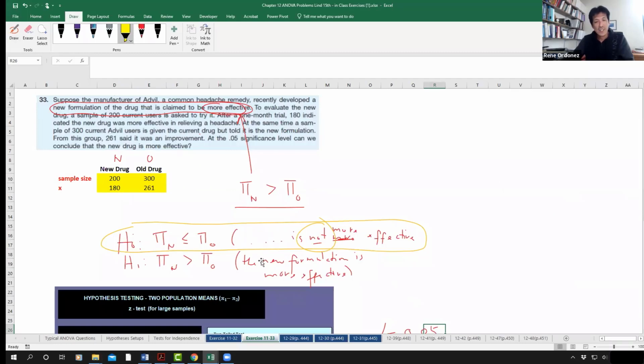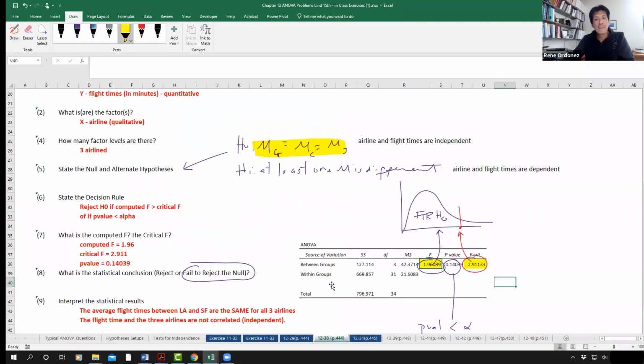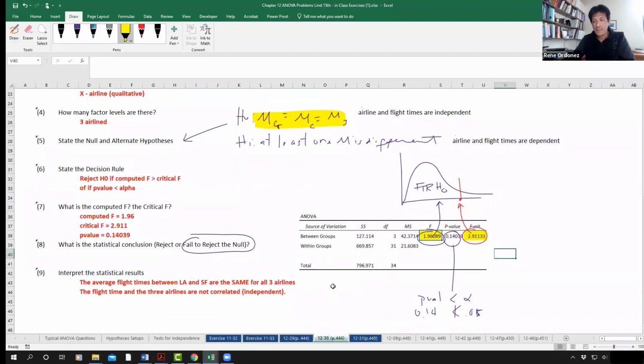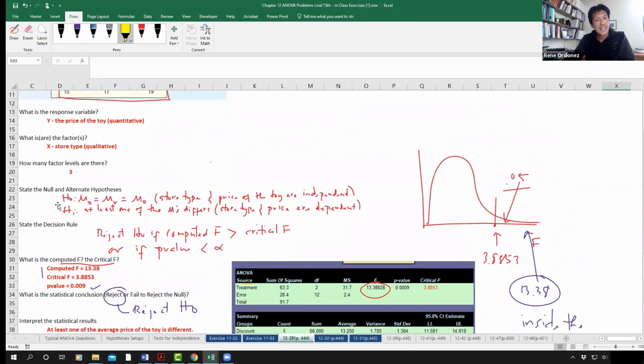When we say that the means of the groups are all equal, essentially we're saying that the response variable and the factor or predictor variable are independent.